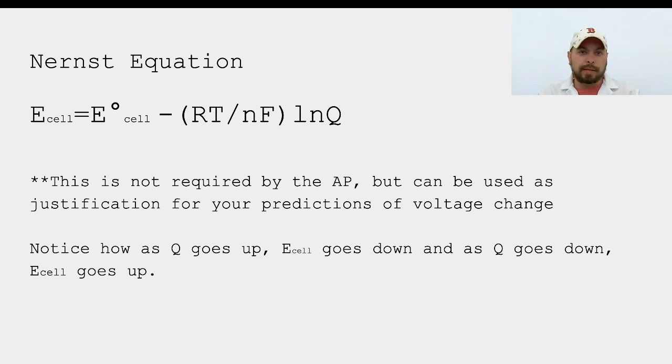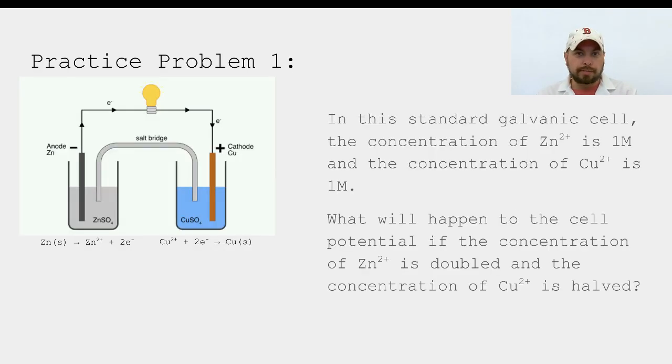So let's do an example here where we're using the Nernst equation to predict the change in voltage of a concentration cell. Here I've got a zinc copper cell, and instead of standard conditions, the zinc concentration is 2 molar and the copper concentration is 0.5 molar.